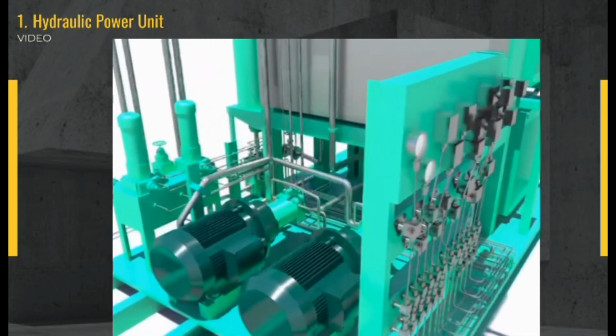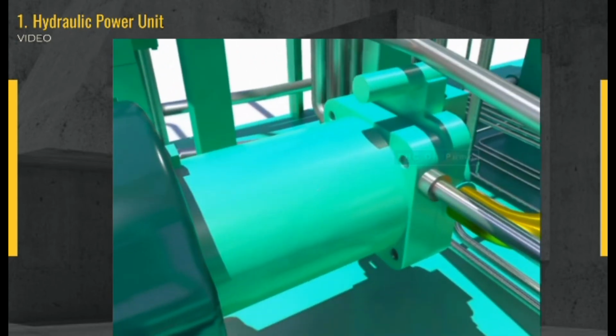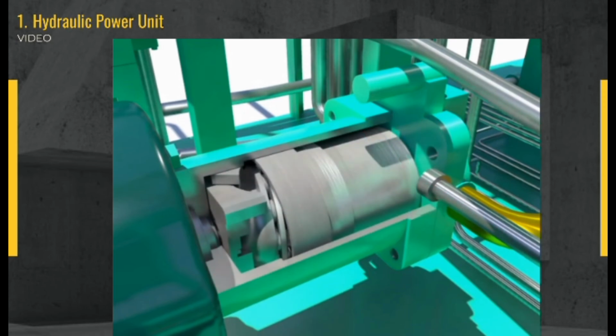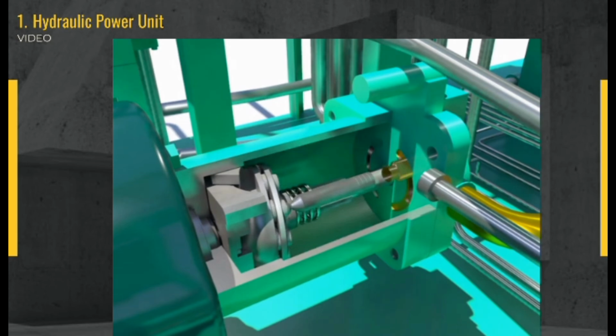Even though there are two pumps, only one is used during the operation of the turbine. The hydraulic piston pump is a variable capacity plate type pump, which pumps in order to increase and decrease the volume by going back and forth of the piston at the body of the cylinder.